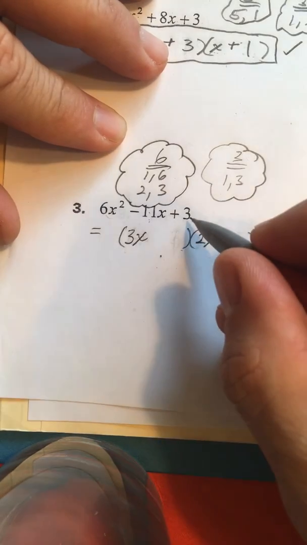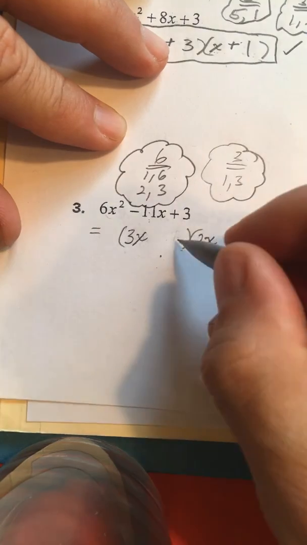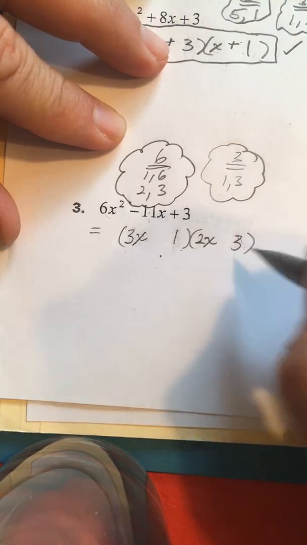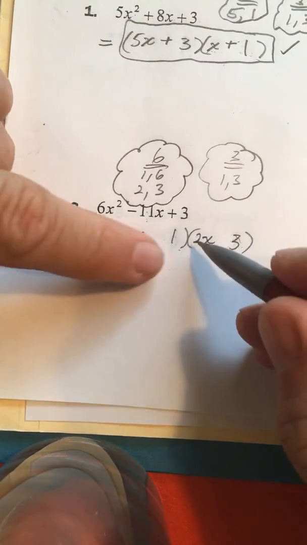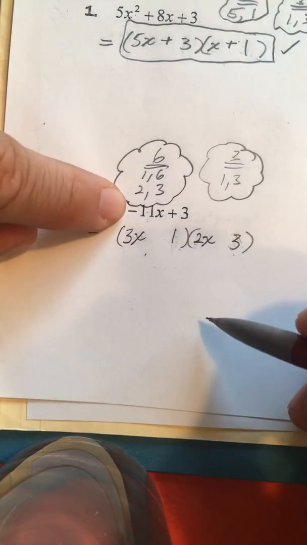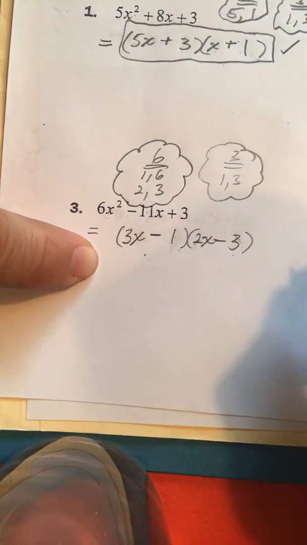And now I look for factors of 3, which could be a 3 and a 1 or a 1 and a 3. And sometimes we can get lucky right away. Here I got a 9 and I have a 2, and I can create a -11 if I make this a -9 and a -2.